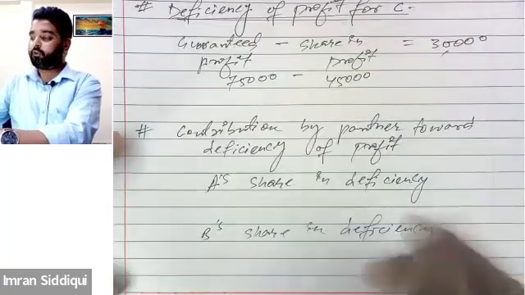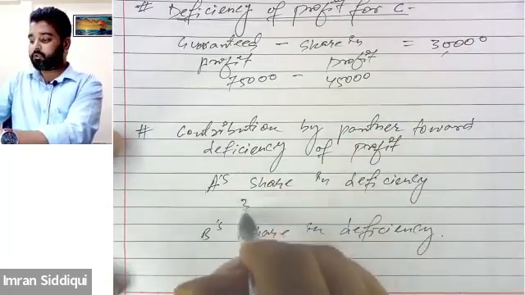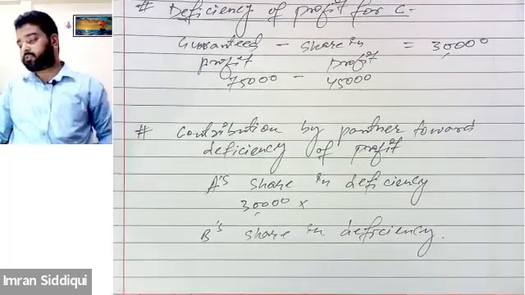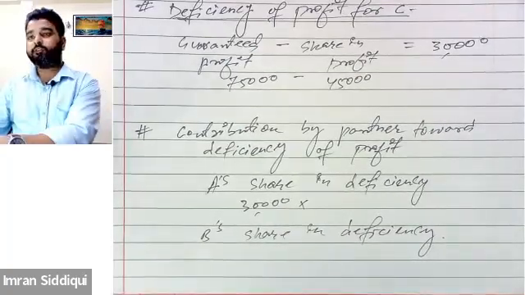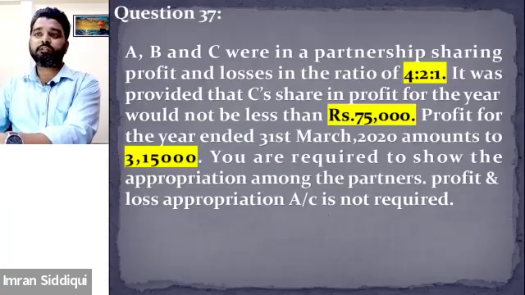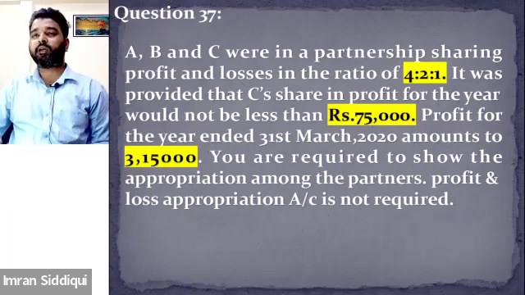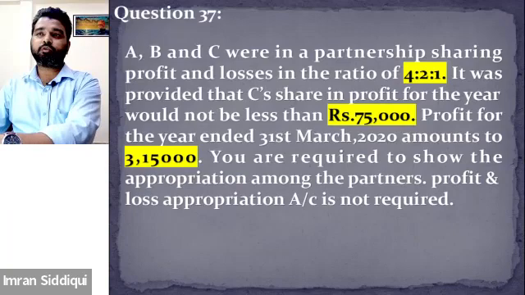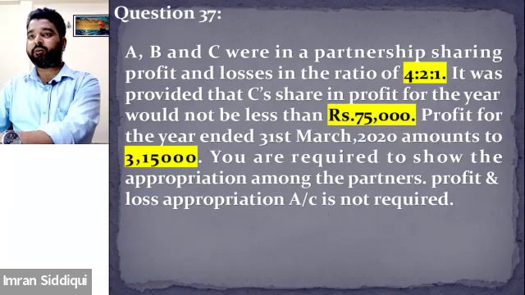Since the question does not mention how the deficiency will be borne by the partners, we will simply divide the deficiency in their profit sharing ratio.